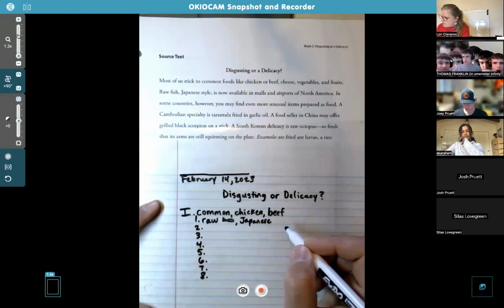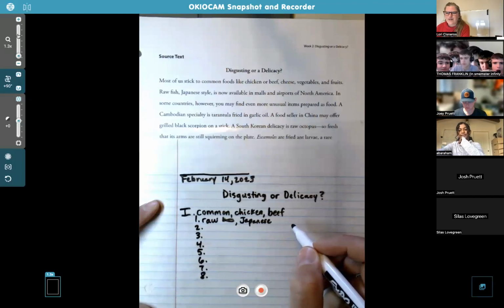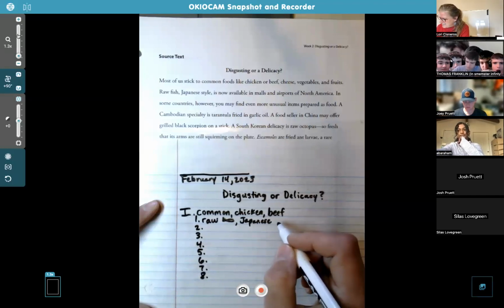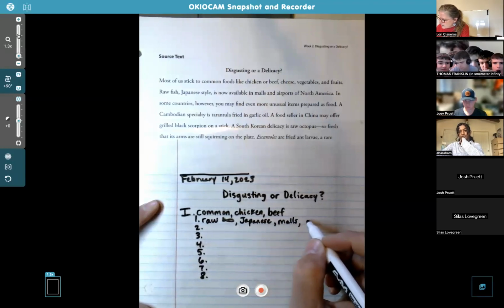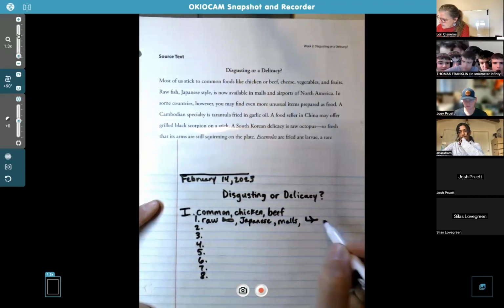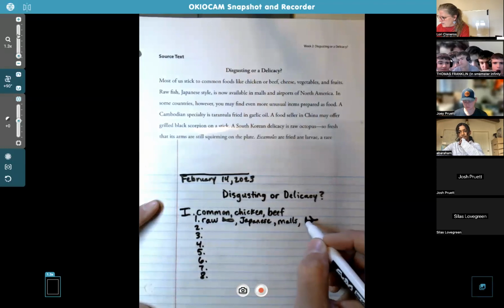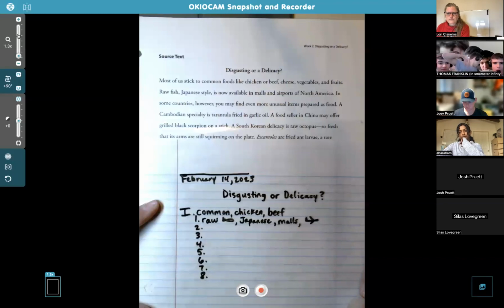Malls or airports. What if we drew a little airplane for airports? I like malls though. I don't know how to draw a mall, but we could draw a little, oh boy. Oh, that looks kind of like an airplane. You don't have to be too elaborate. I surprised myself because normally I can't draw very well. So there you go.